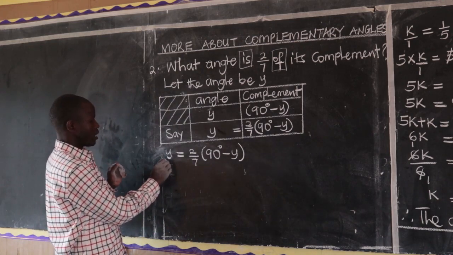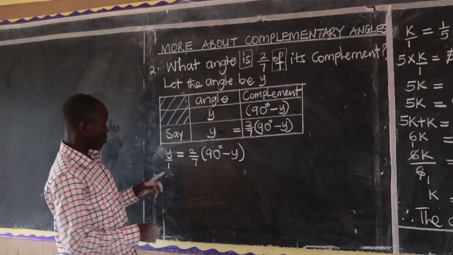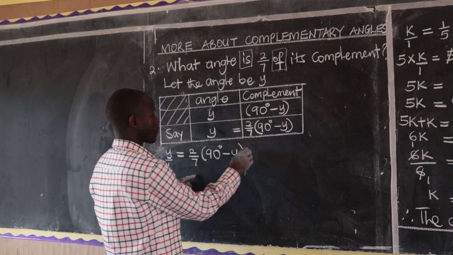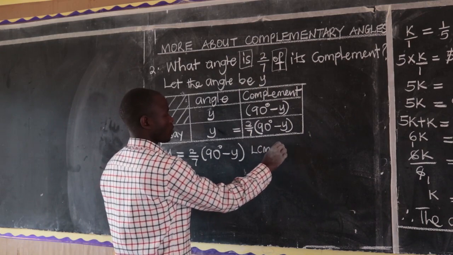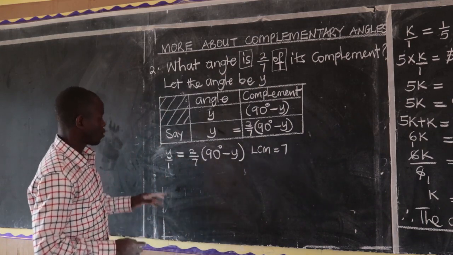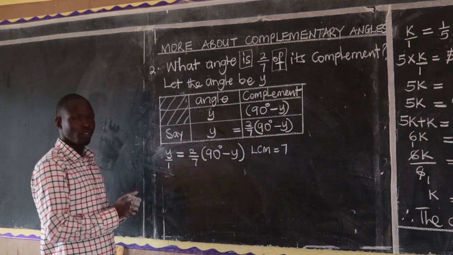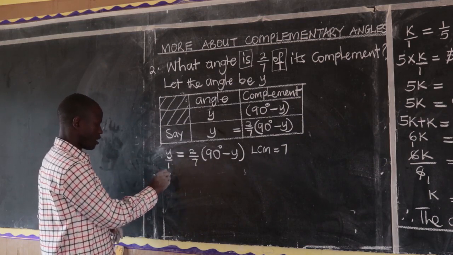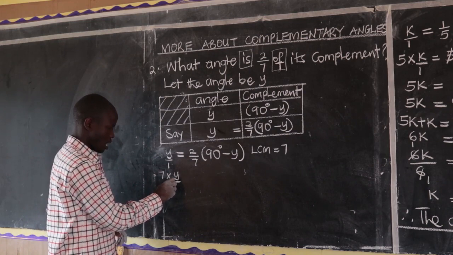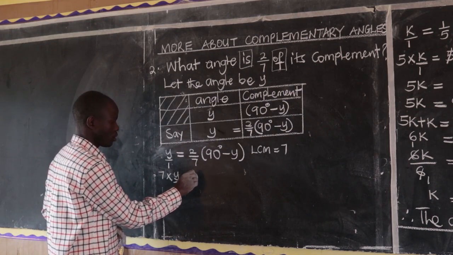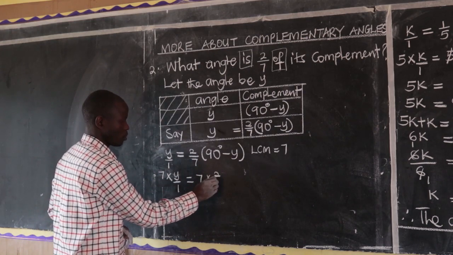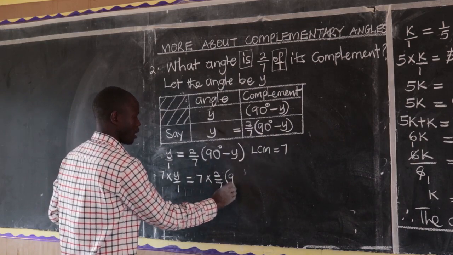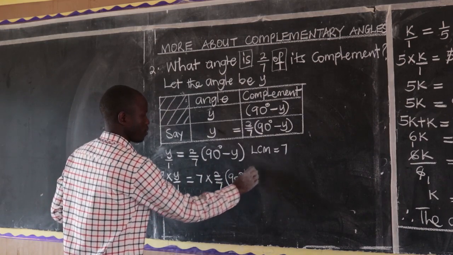Again, we shall give this a denominator 1. The LCM of 1 and 7 will be 7, correct? So we multiply all parts of this equation using that LCM, meaning you have 7 times y out of 1 is equal to 7 times 2 out of 7, 90 degrees minus y.